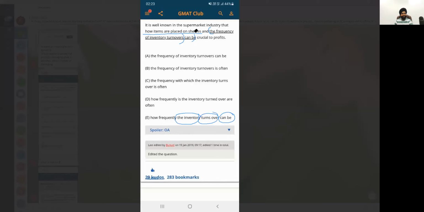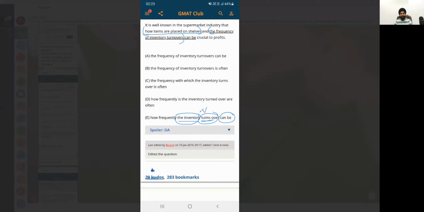Now people who are new to SC or who haven't done much of SC may find it very nuanced. "Can be" is a verb for both of these nouns together. For the inventory, the verb is "turns" or "turns over".